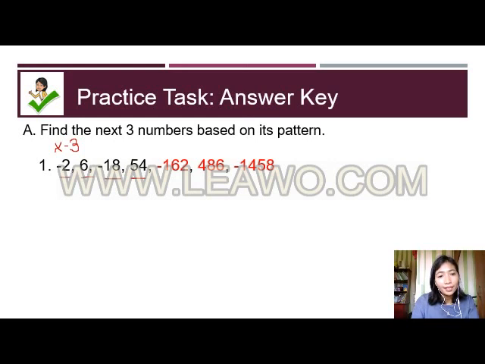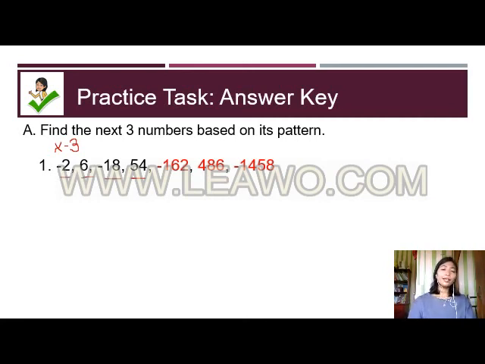Then multiply again 6 times -3, so we will be having -18. Since when you multiply a positive and a negative, then the answer will be negative. The -18 times -3, so you'll be having +54. Since negative times negative, so that becomes positive.